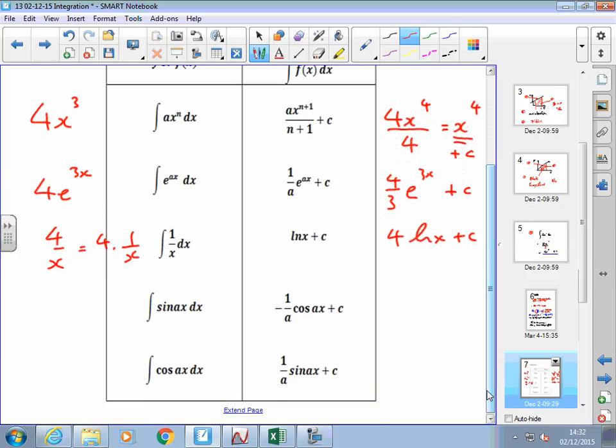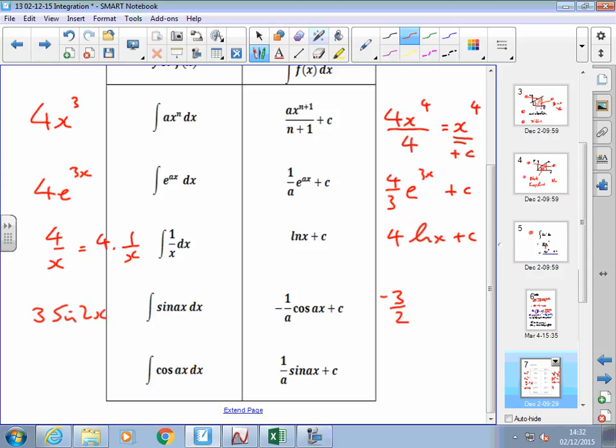And then we have examples like this, sine ax here. Again, the a inside comes out and goes underneath, becomes a division, and it changes to a negative. Don't forget that minus sign. So again, let's put a number in front. 3 sine 2x, for example. The 3 would stay, and then I'd integrate the sine 2x, which becomes minus 1 over 2.